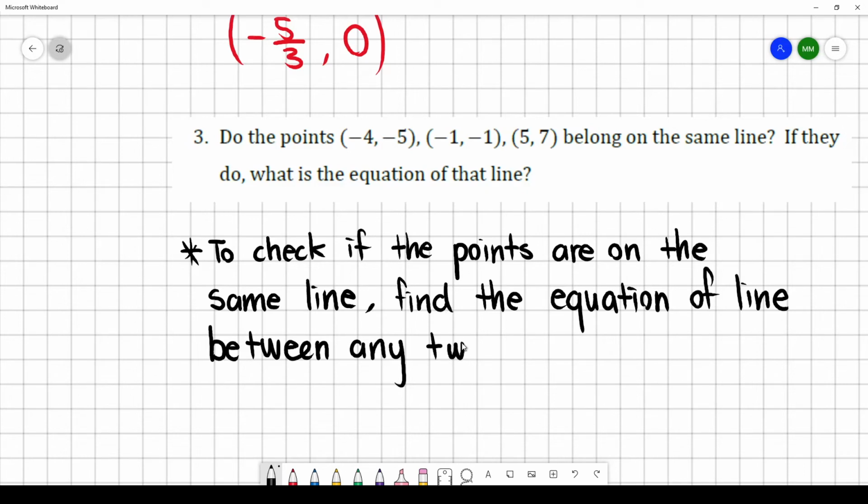Between any pair of points. So you get 3 pairs here, right? So this one and this one, this one and this one, and this one and this one. So you have 3 pairs.